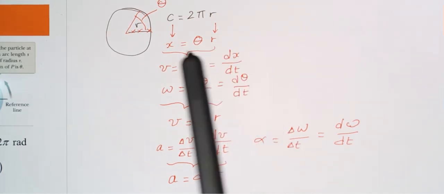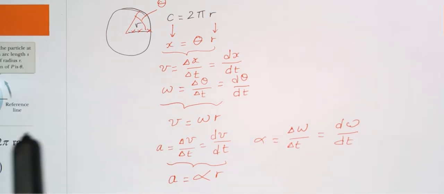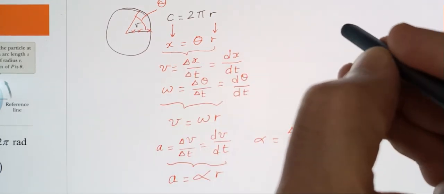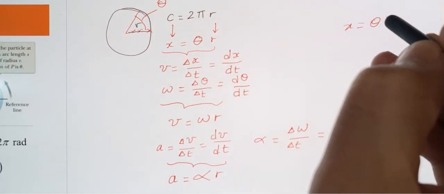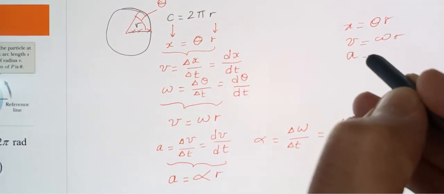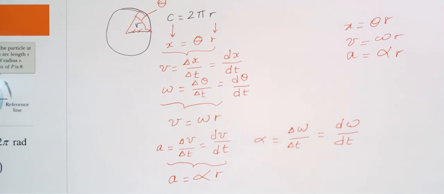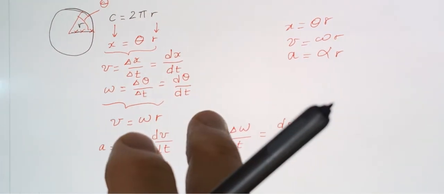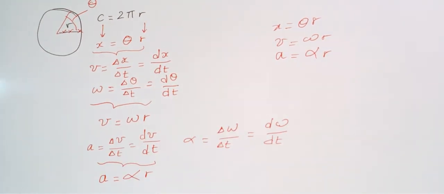Yeah. Then the rest is very easy. We just apply the same concept. So x is equal to theta r, v is equal to omega r, a is equal to alpha r. And alpha is the angular acceleration.